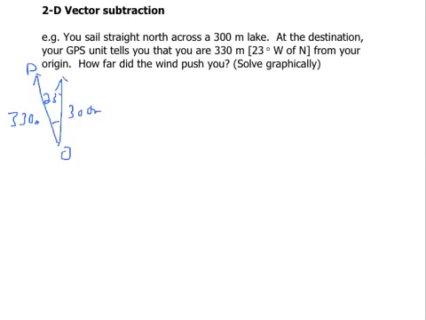First of all, let's convert this 23 degrees into RCS. 23 degrees west of north is actually 113 degrees RCS. Now the question asks us, how far did the wind push you?